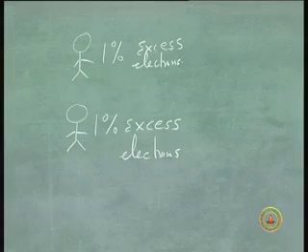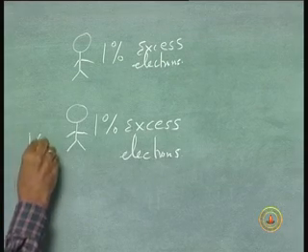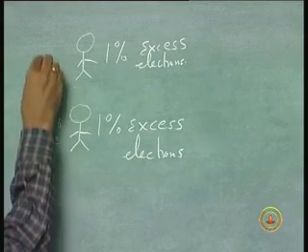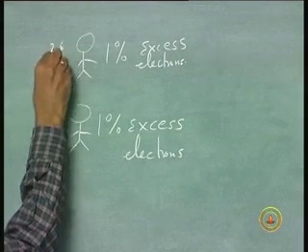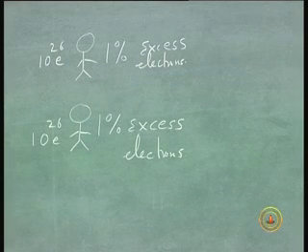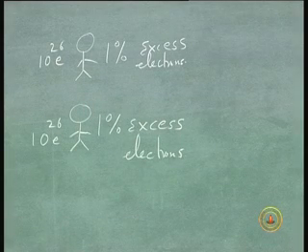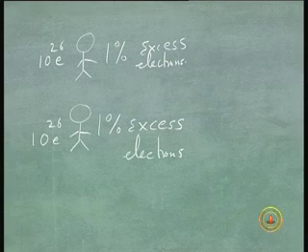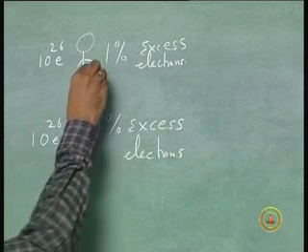So, each of them has 10 to the 26 electrons, that is 10 to the 26 more electrons than protons. So, we can apply Coulomb's law. Let us say they are about 1 meter apart.